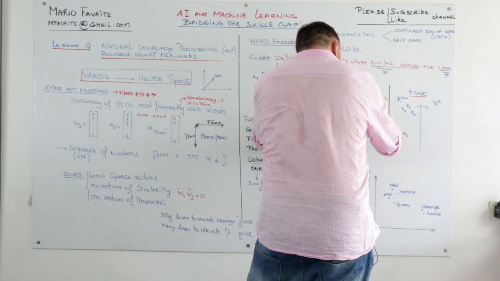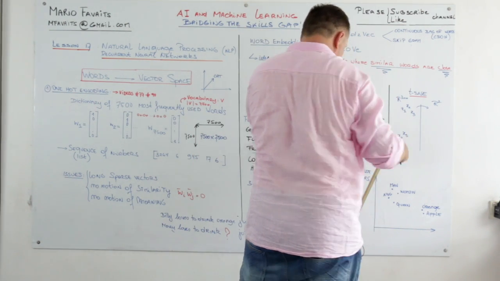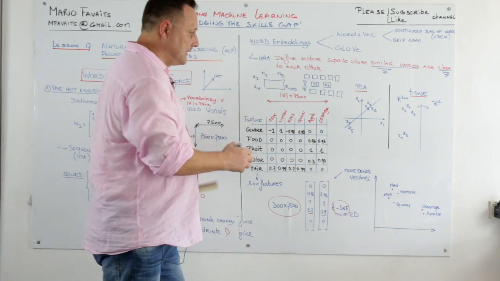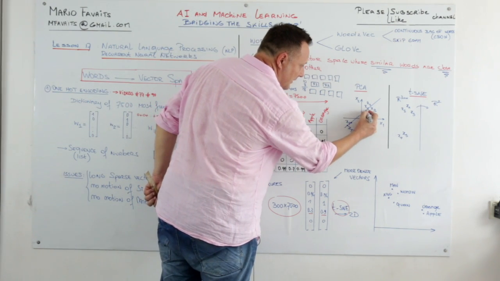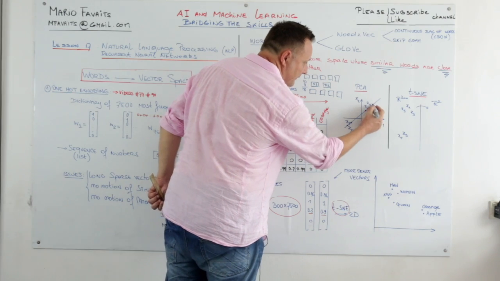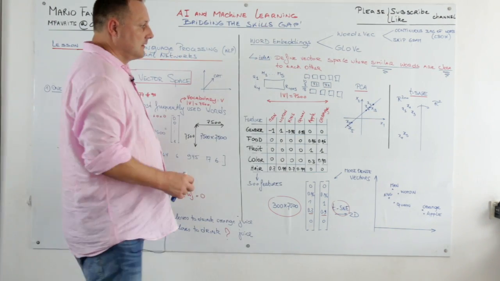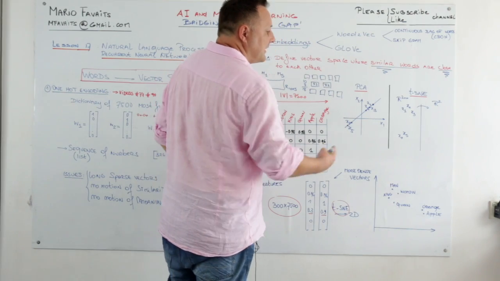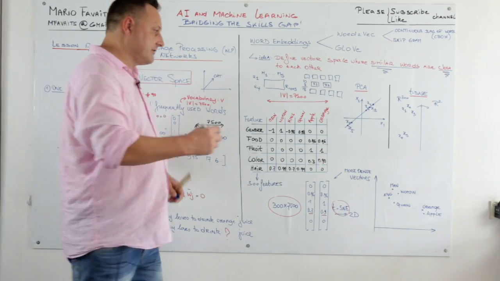So the real line to draw would be this one. And you'll have some points here, and here you have another 3 points. This is what PCA is doing. So you always look for keeping the variance as high as possible.